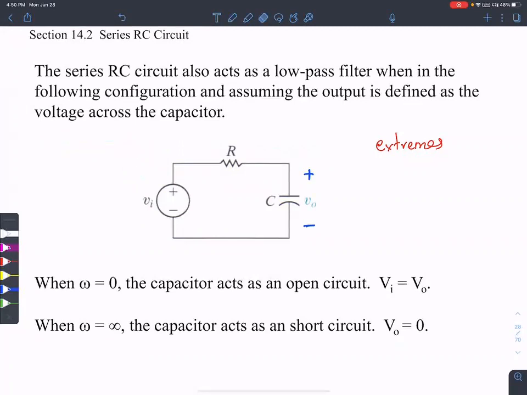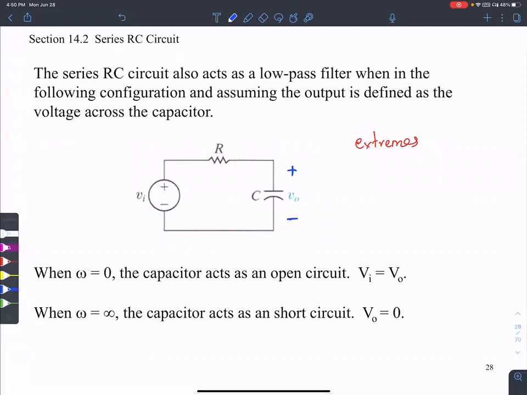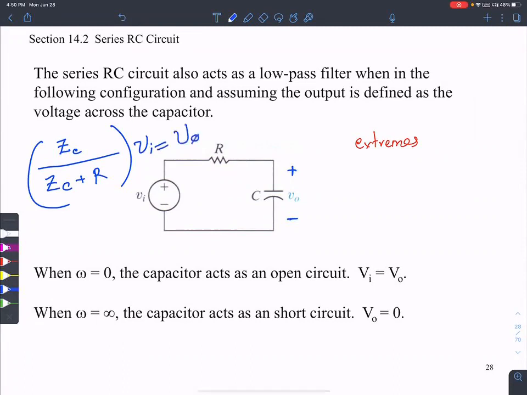If you want to look at the capacitive voltage, what do you have to do? You simply have to look at the voltage division: the impedance of the capacitance by impedance of the capacitance plus resistance, times V input. That should give you V output, the output across the capacitance.